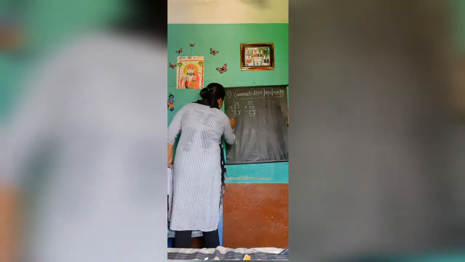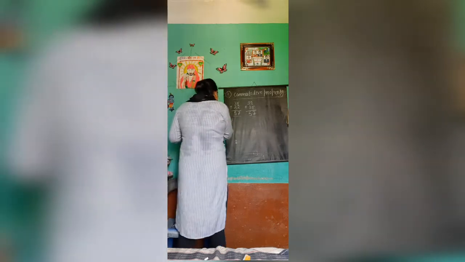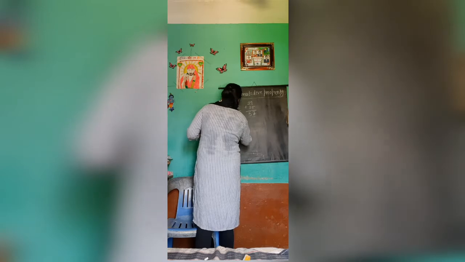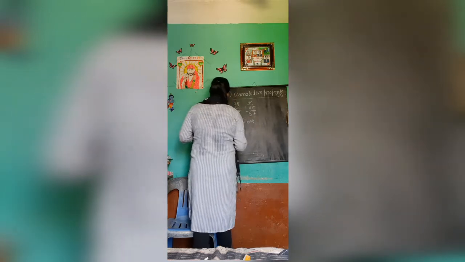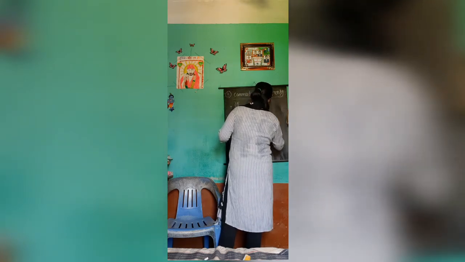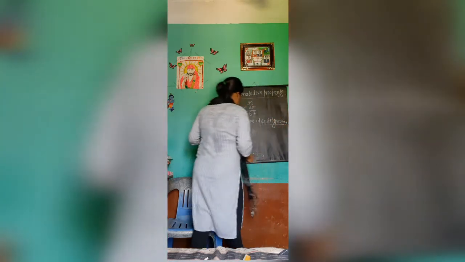Second property name is additive identity property. What is additive identity property?